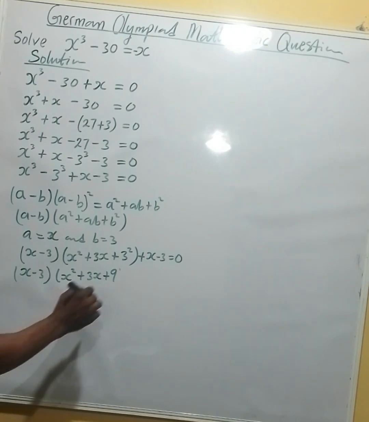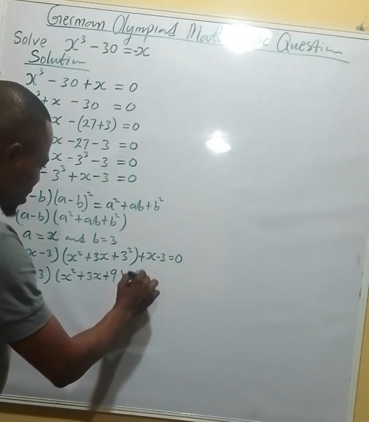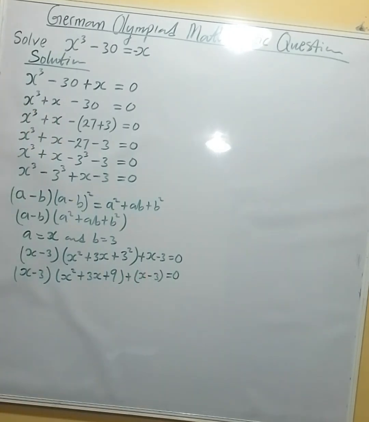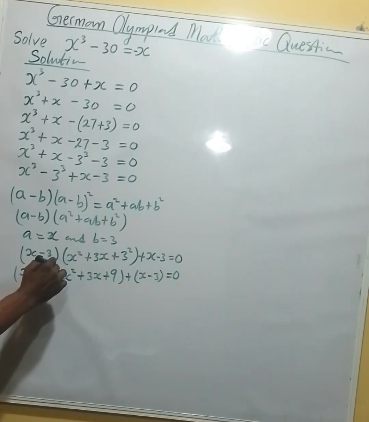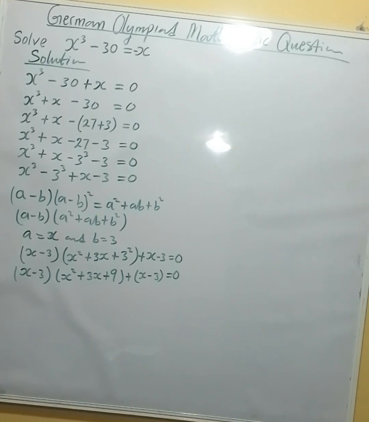Are we together? Okay, 9. So plus x minus 3, everything equals 0. Now when we look at what we have, we have x minus 3 and x minus 3. So let's factorize: we bring out the common factor. When we bring out the common factor, x minus 3 is common to both.